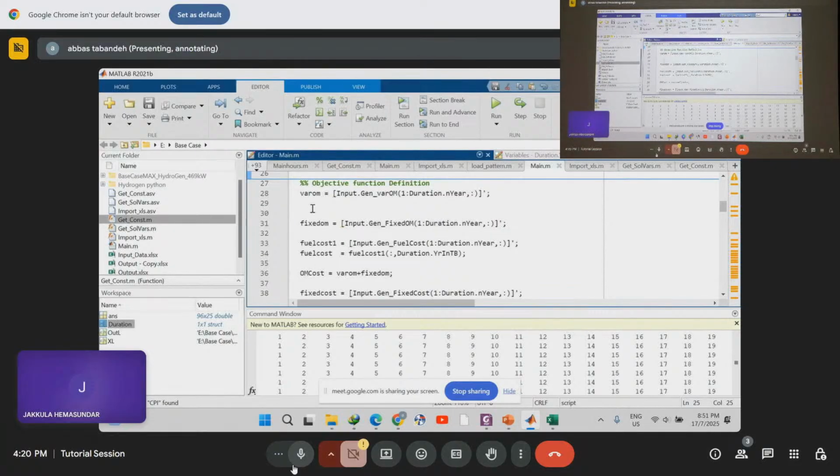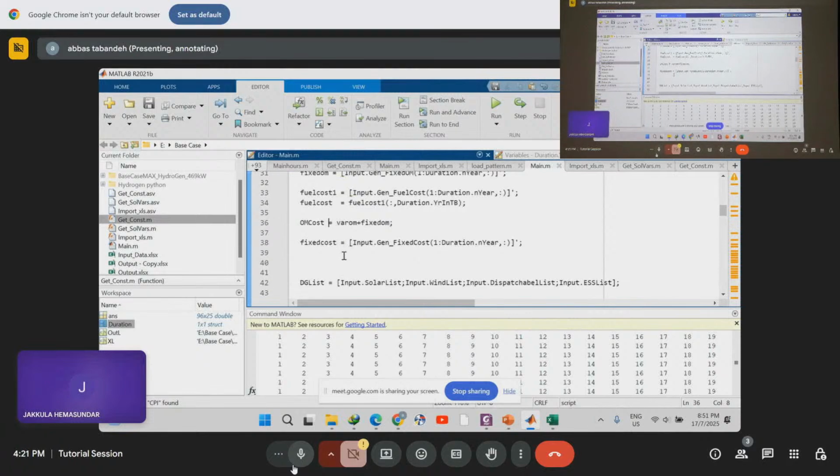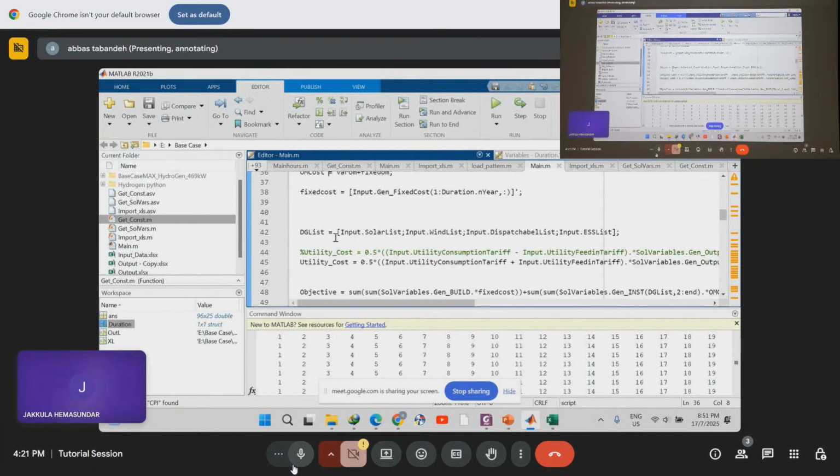So we need to sum up the variable as well as the fixed operation and maintenance costs, as you can see, to show the whole operation and maintenance costs. And here again, we have defined different distributed generation lists, solar, wind, and dispatchable, as well as energy storage systems.